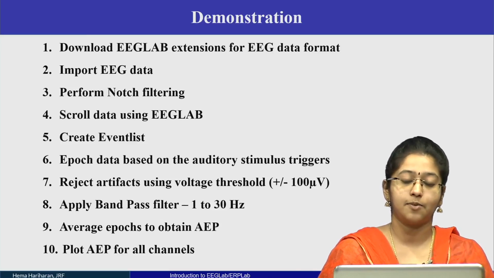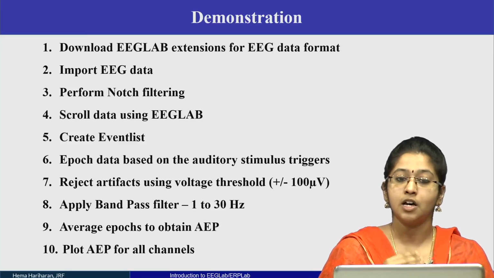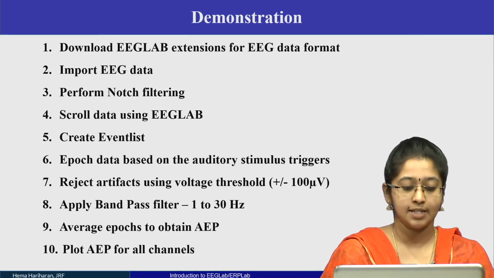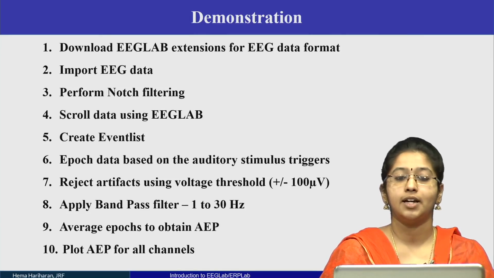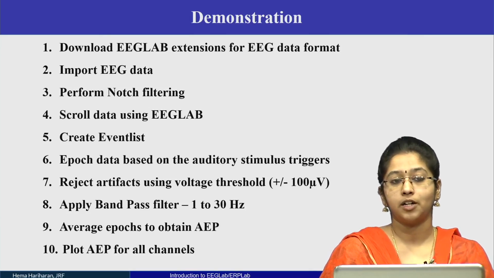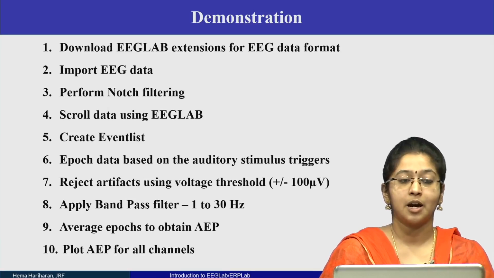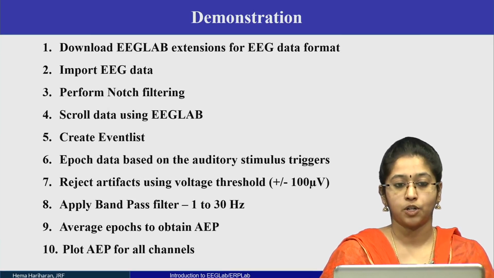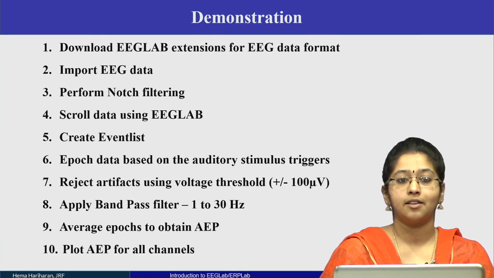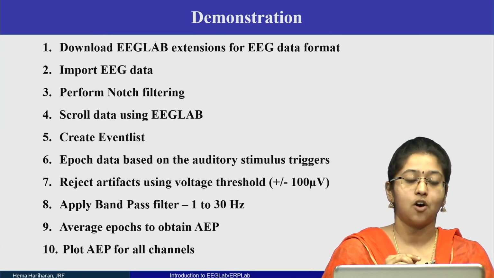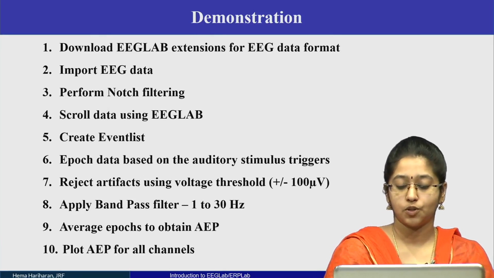And then we have other filtering like band pass filter. So this is the sequential order in which we have to do any EEG or ERP analysis, and then finally we can obtain the data. Another important thing about ERPs is that almost all evoked potentials are displayed negative up, as I showed in the figure.